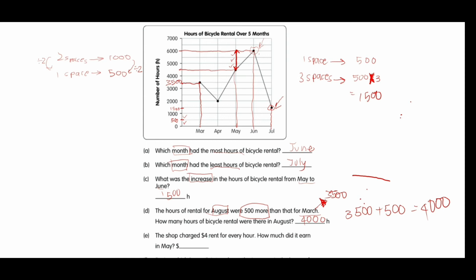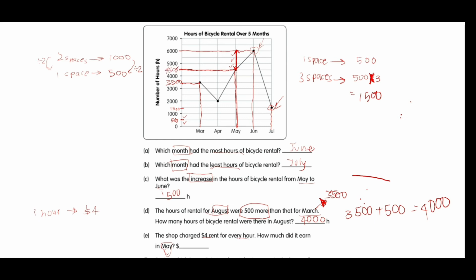Let's look at question E. The shop charged $4 for every hour. So it means that 1 hour, it charged $4. How much did it earn in May? Let's look at May. May, it's 4,500.